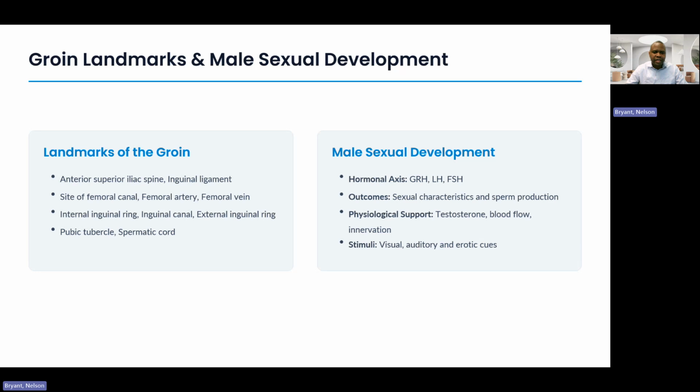For example, male sexual development is driven by a complex endocrine cascade involving hormones like LH and FSH, which help regulate testosterone production and sperm production, and also secondary sexual characteristics as males are growing up.